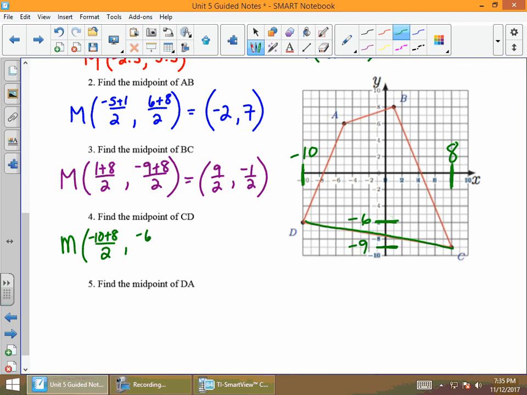So negative 6 plus negative 9 over 2. Negative 10 plus 8 is negative 2, divided by 2 is negative 1. Negative 6 plus negative 9 is negative 15, divided by 2 is negative 7.5.